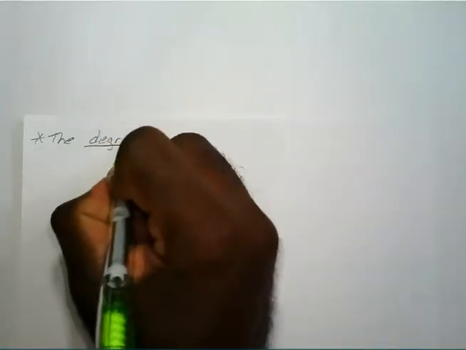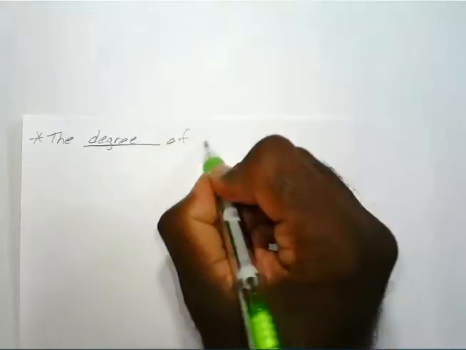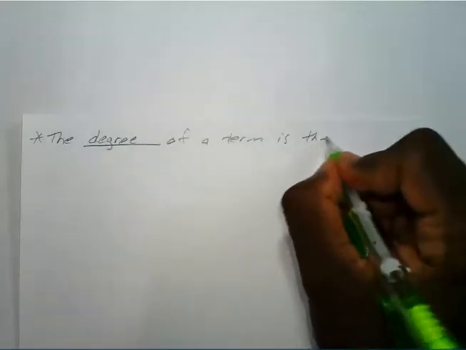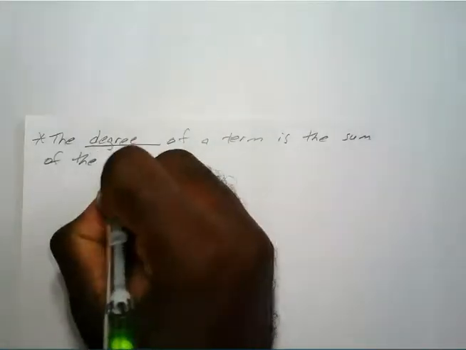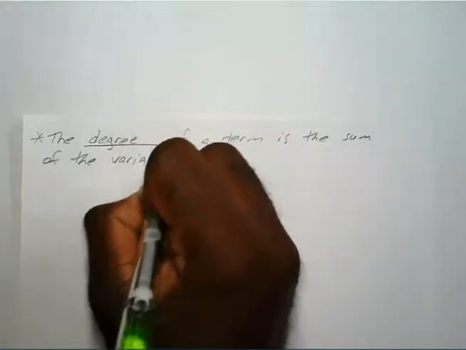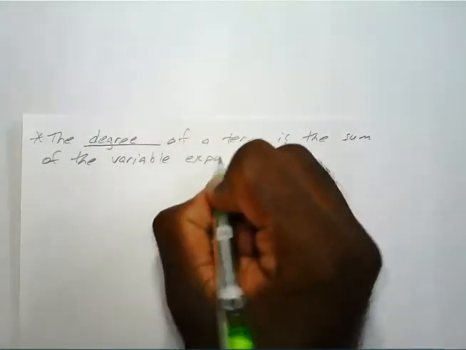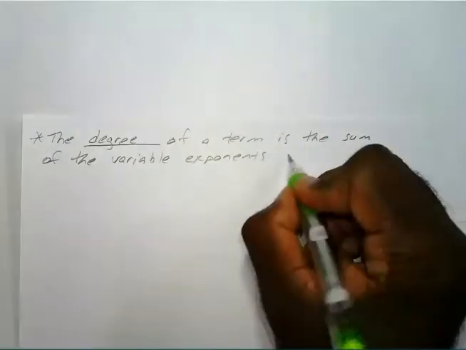Okay, now the degree of a term is the sum of the variable exponents of that term.